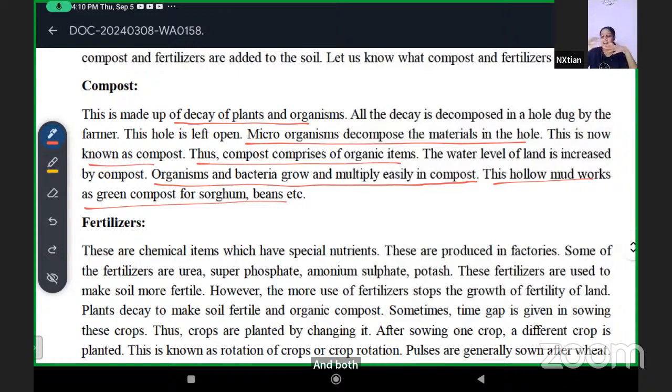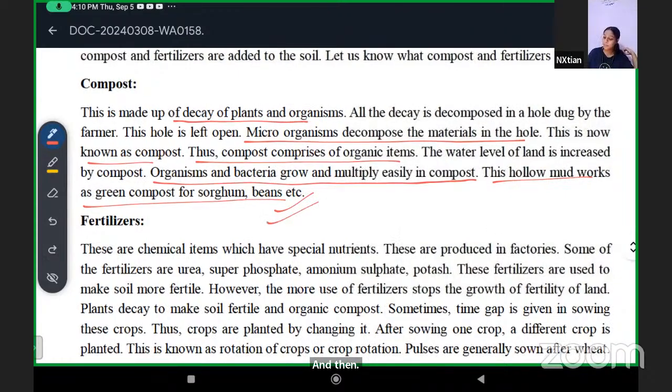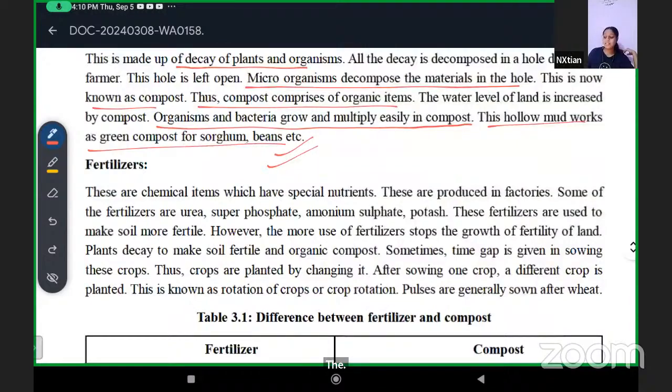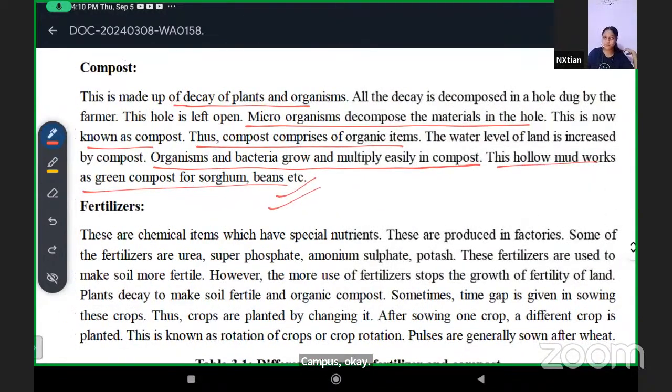And it is decomposed entirely, and then it becomes compost. It gets mixed up with the soil and gives nutrients to the soil.